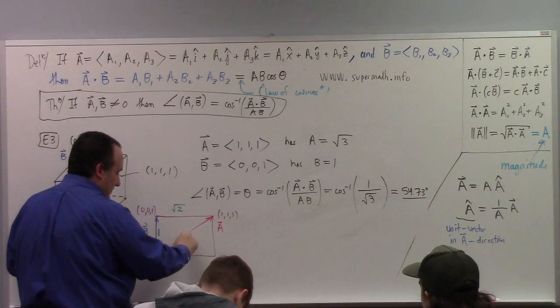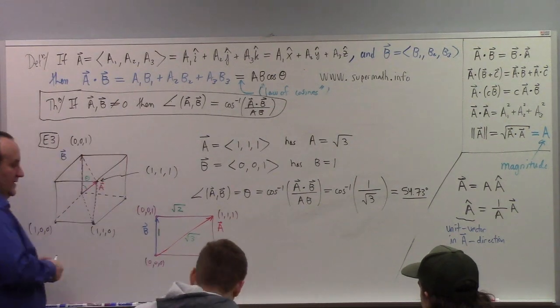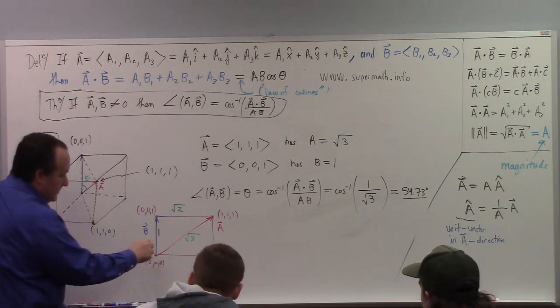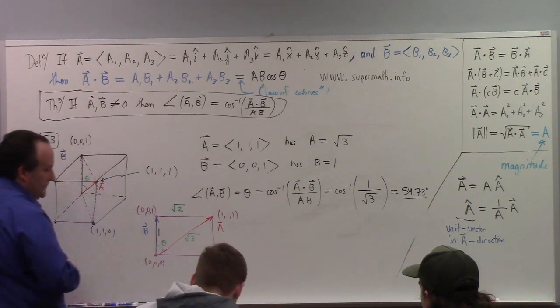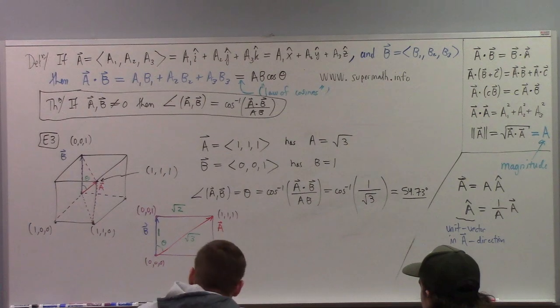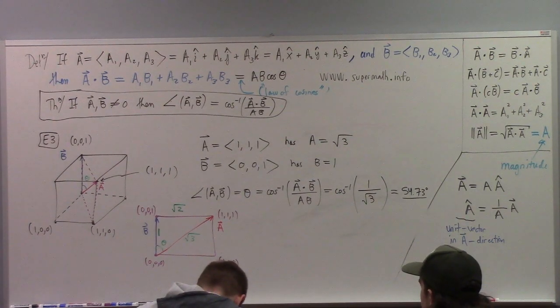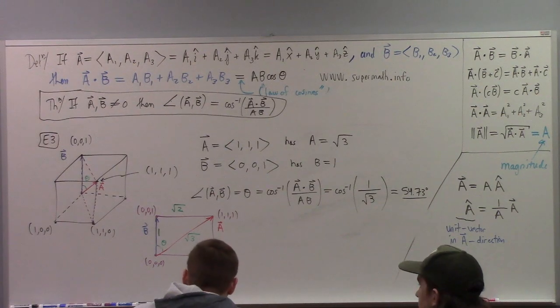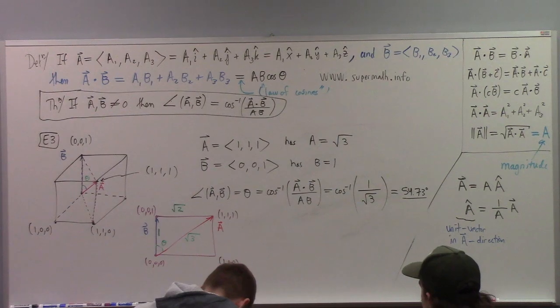And this guy, square root of 3. And that's why the angle theta is inverse cosine of 1 over square root of 3. Because you can reduce it to right triangle trigonometry if you have the vision to see it as such. But if you don't have the vision to see it as such, you can still calculate dot products with vectors easily, right?